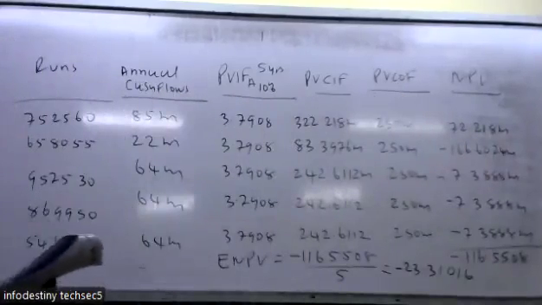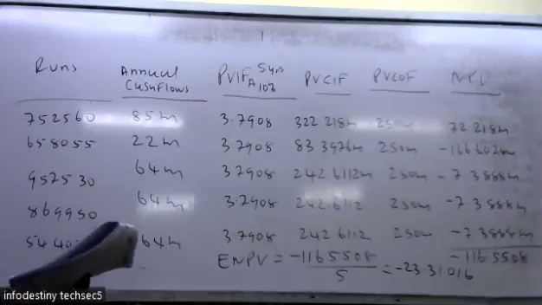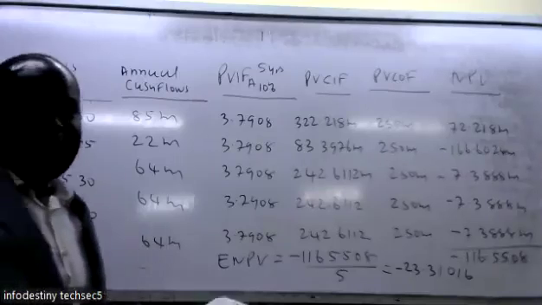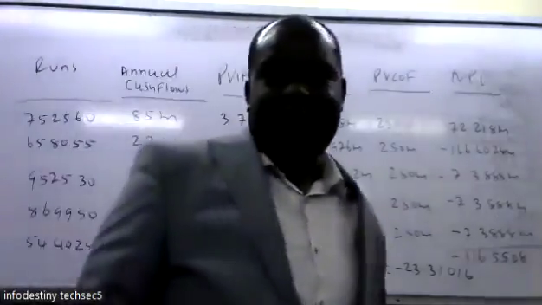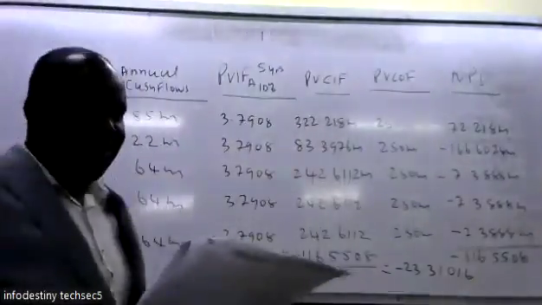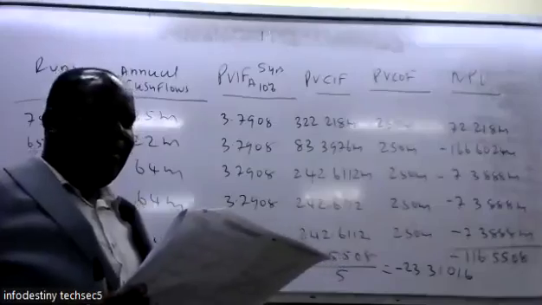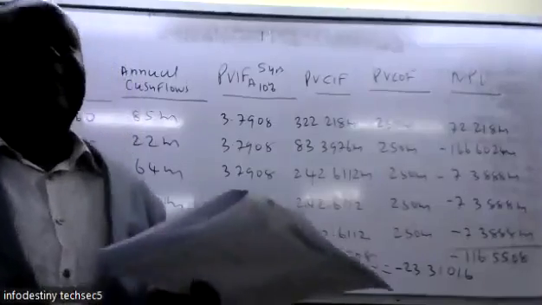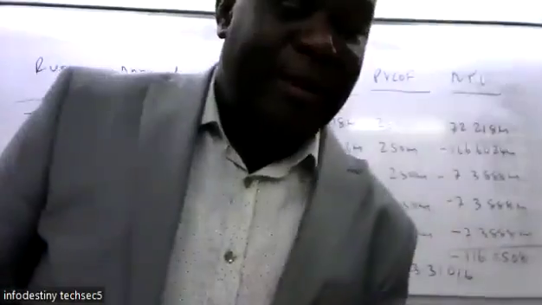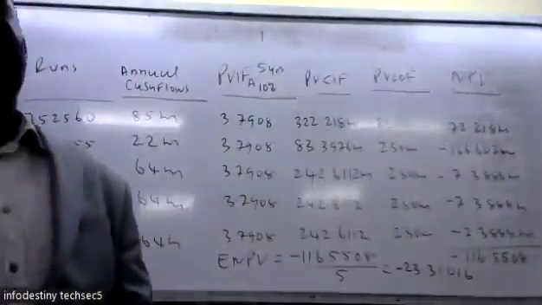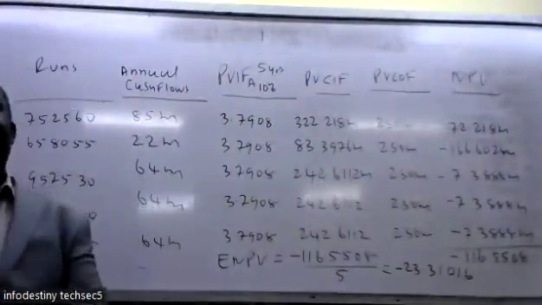So they also asked you Roman letter 3. They were asking us to determine the probability that the product will be a success. So you look at the runs which are positive, divide by the total.